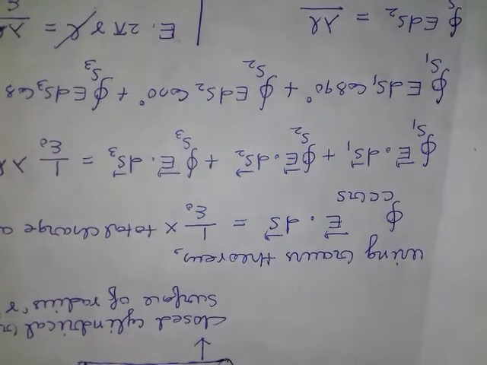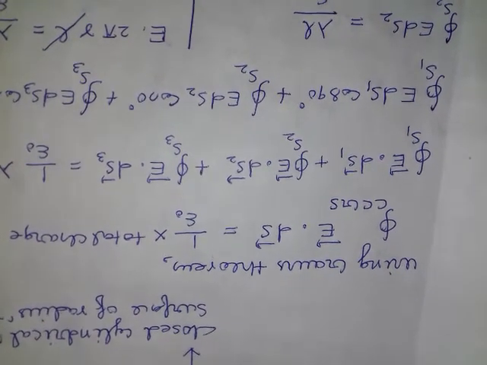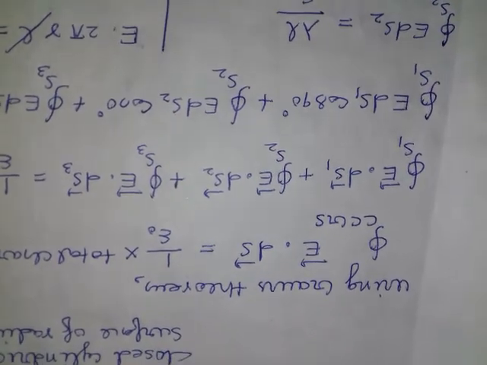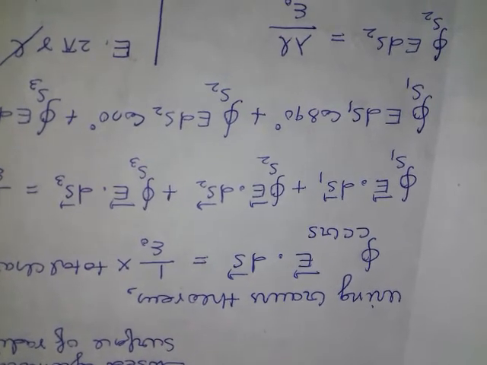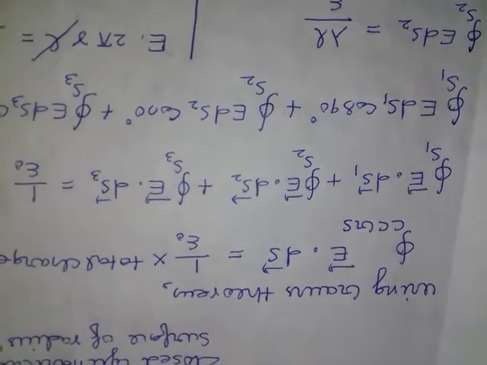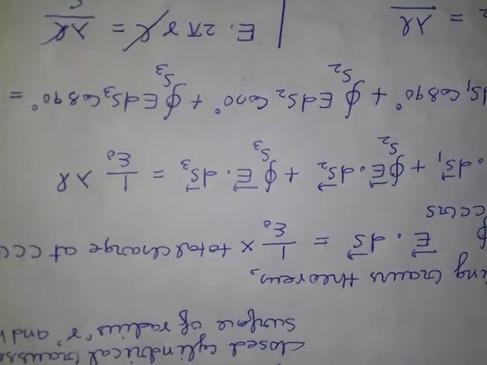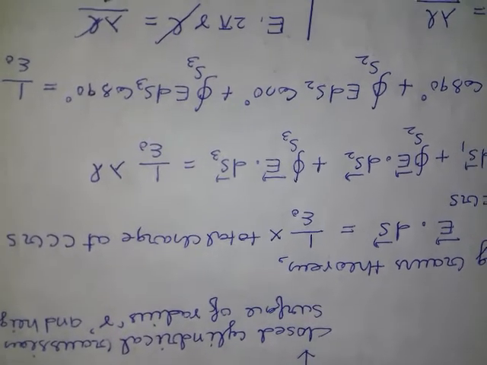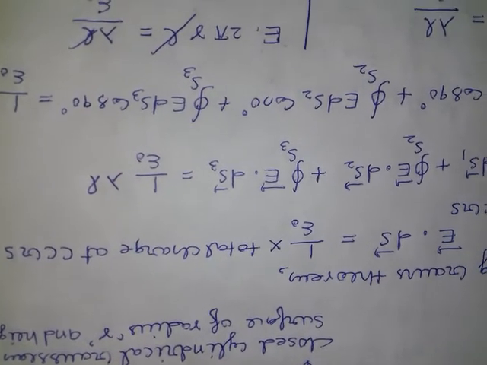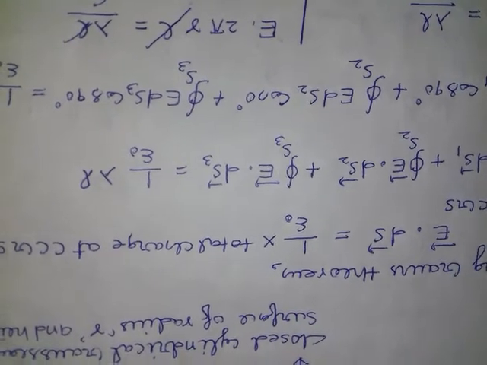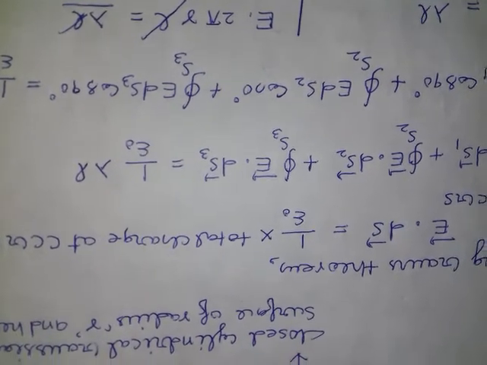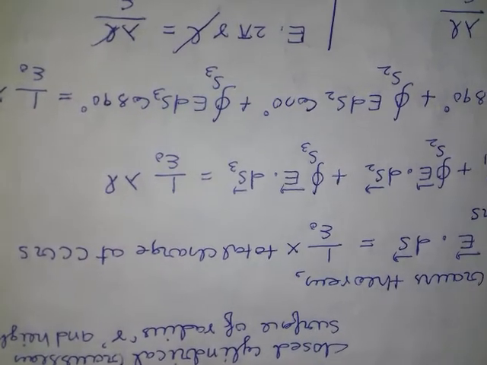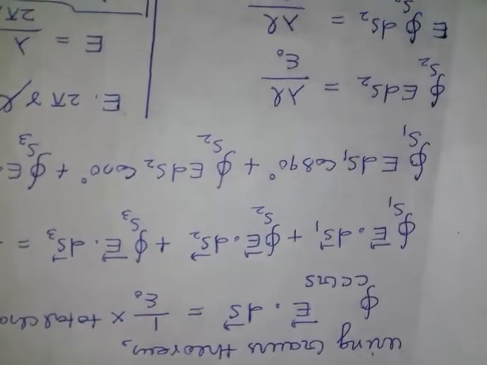Now this closed cylindrical Gaussian surface is made of three surfaces, S1, S2, S3, so we will calculate individually the electric flux through S1, S2 and S3, which is equal to 1 upon epsilon naught times the total charge. The total charge enclosed in the CCGS is lambda L, which is the total charge of the wire, because the whole wire of length L is along the axis of the closed cylindrical Gaussian surface.